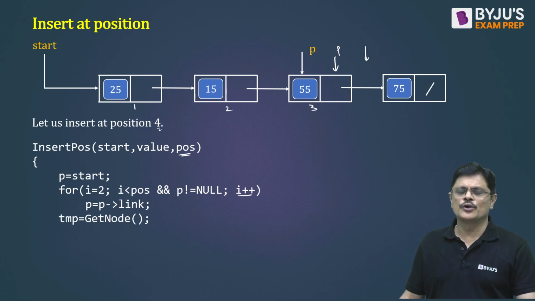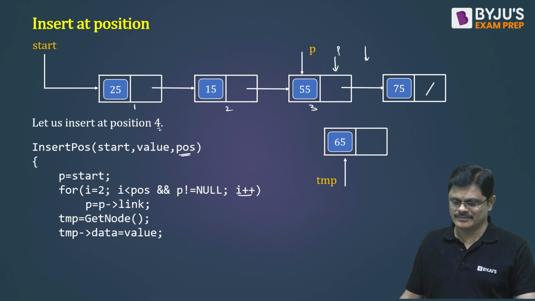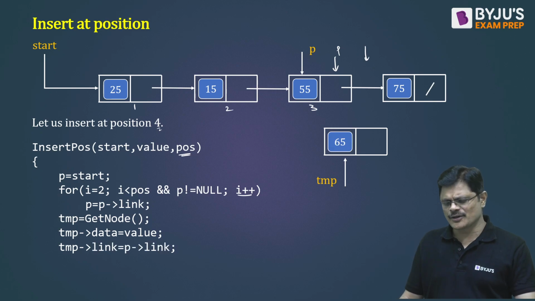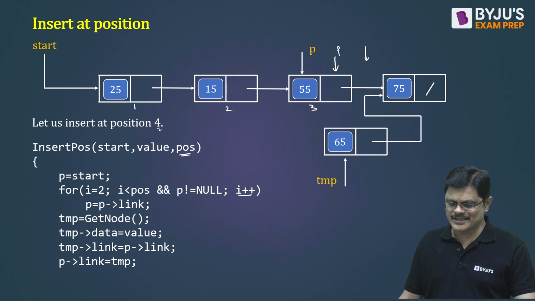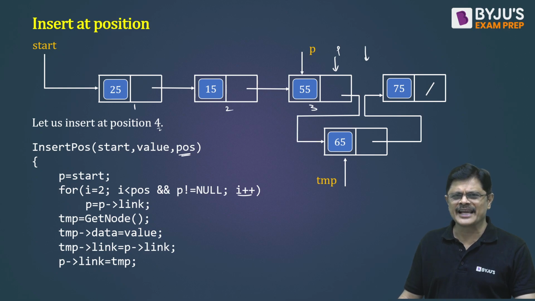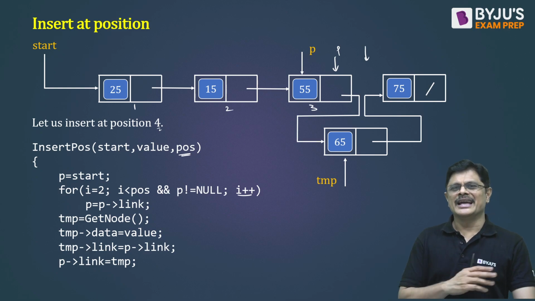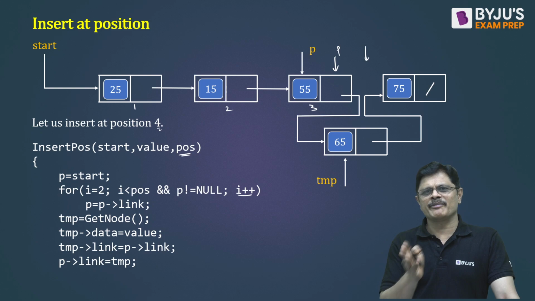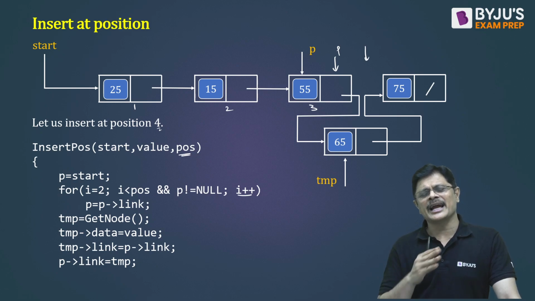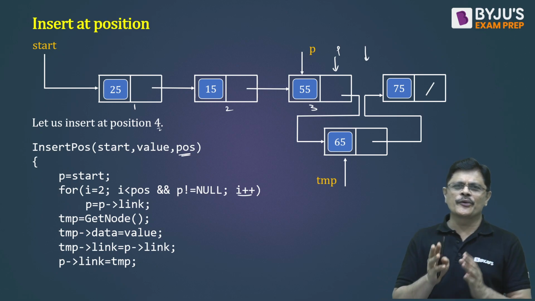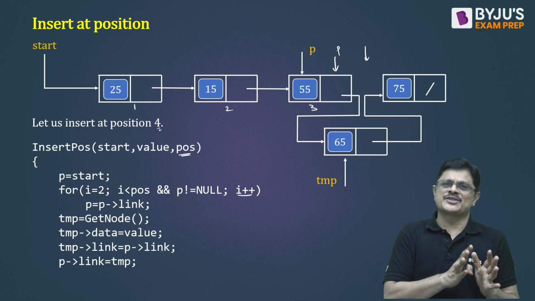So get the new node, update its value. Now temp link is equal to P link and P link is equal to temp. This process, if you observe, is the same for almost all the insertions, my dear friends, except first and end: insert after node, insert before node, or insert at a position. The only thing is you need to reach the previous node.